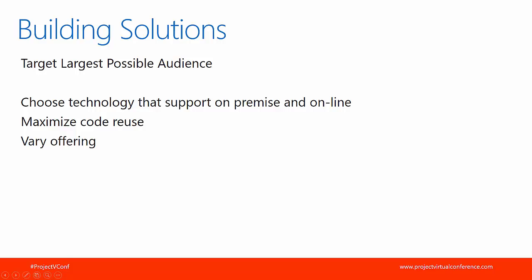Keeping with our theme of project for everyone, we want to make sure we're building applications that support the maximum possible number of users. There's a number of interfaces that we as developers can use to access and update project content. But if we choose our interfaces carefully, we can create a single code base that supports both Project Online and Project Server on-premise.